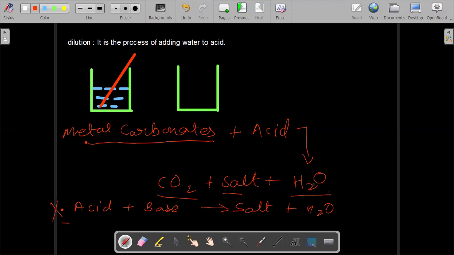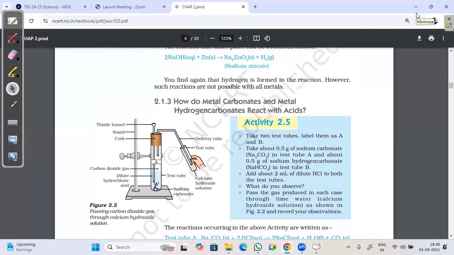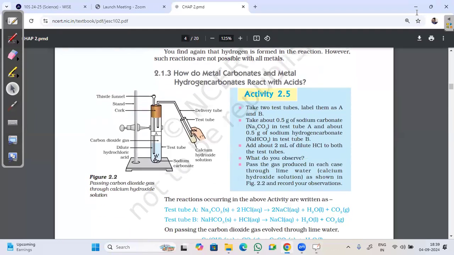So metal carbonates should be used instead of bases. We should not wash acid burns with bases. Acid burns must be washed with metal carbonates or metal hydrogen carbonates. Even metal hydrogen carbonates can be used.